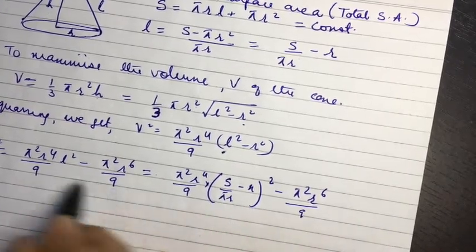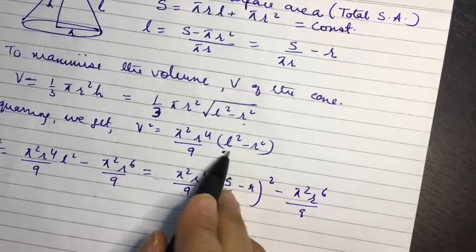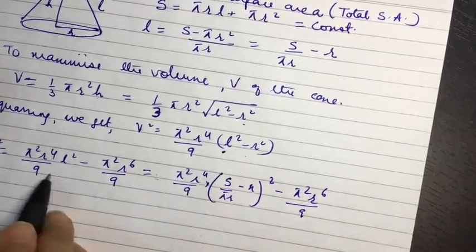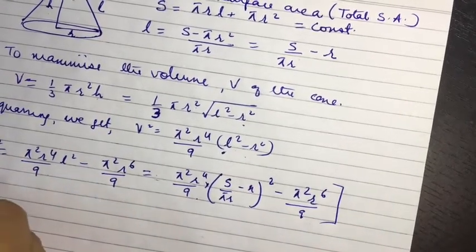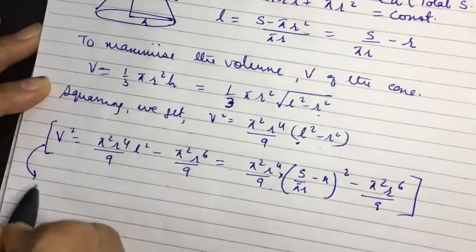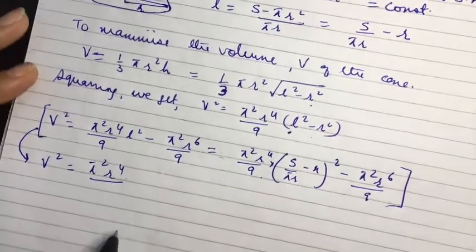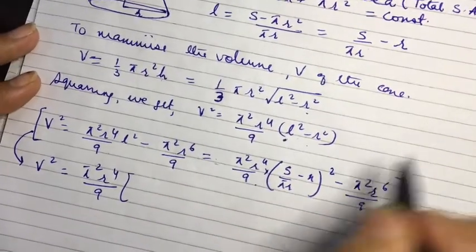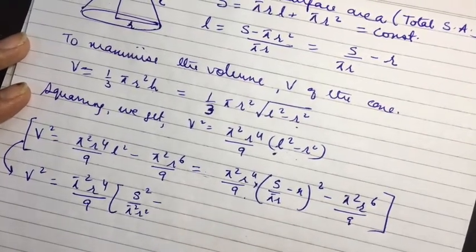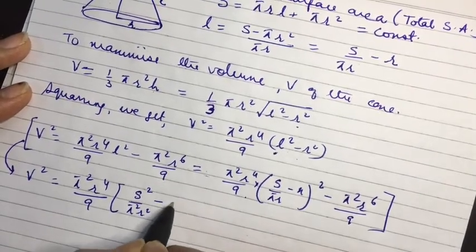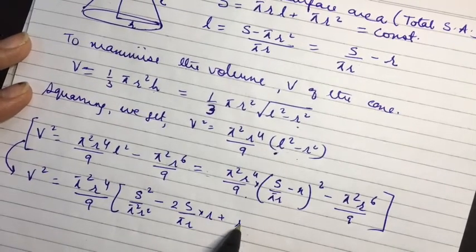Or what we can do is first simplify this part, that is the value of h square, and then open this up. So we can directly write V square equal to pi square r raised to power 4 over 9, and in place of L square we write s square over pi square r square minus 2 into s over pi r into r plus r square.